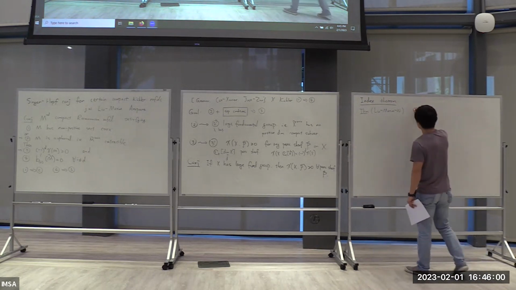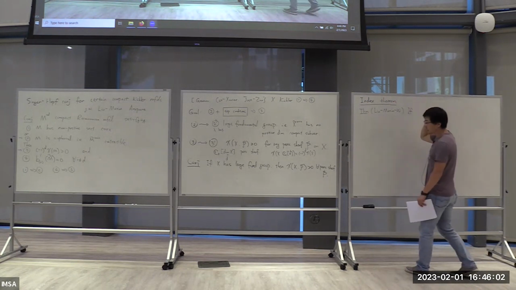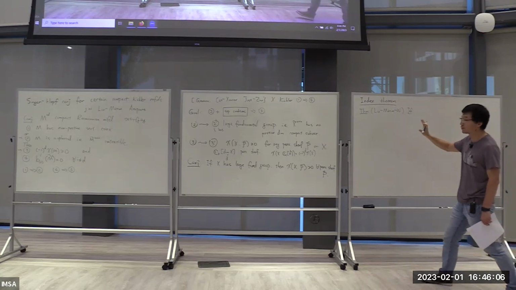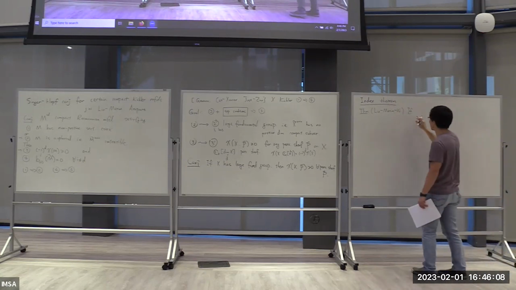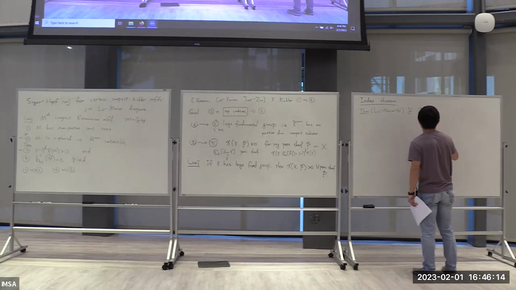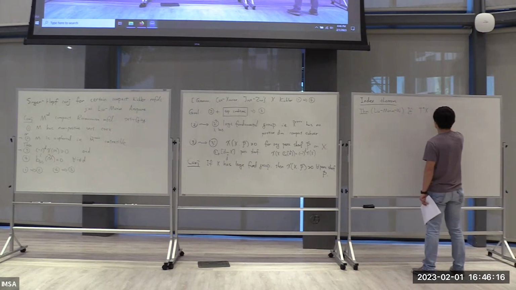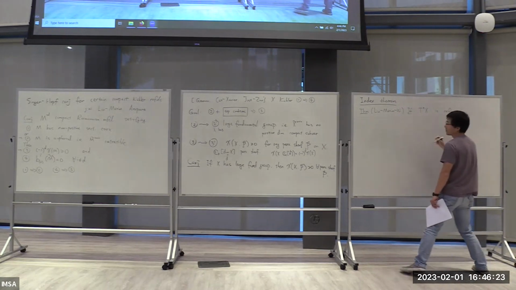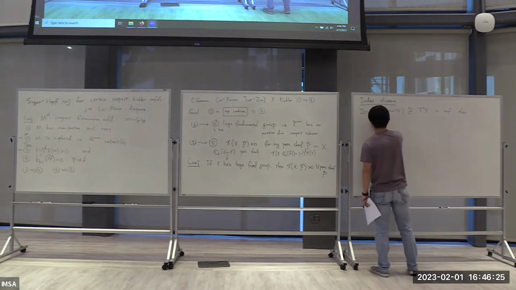The theorem says, at least I'm assuming X is a compact Kähler manifold. If I don't specify, X is at least a compact Kähler manifold. If the holomorphic cotangent bundle of X is nef, then the theorem, the consequences.